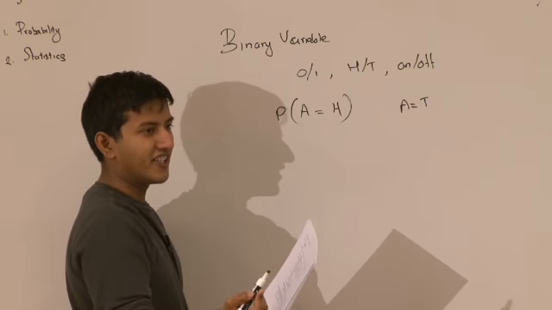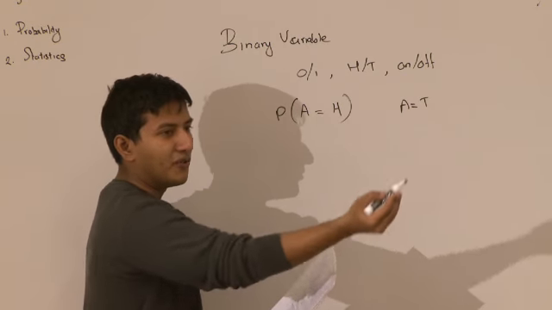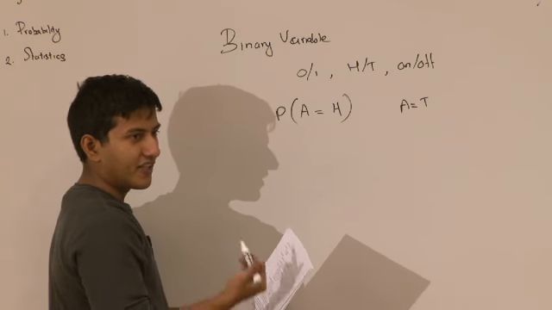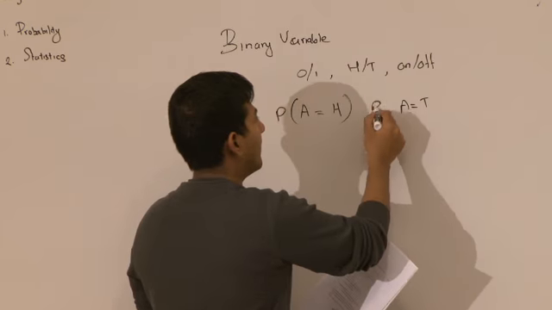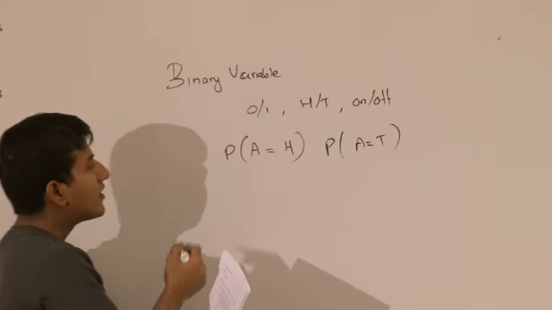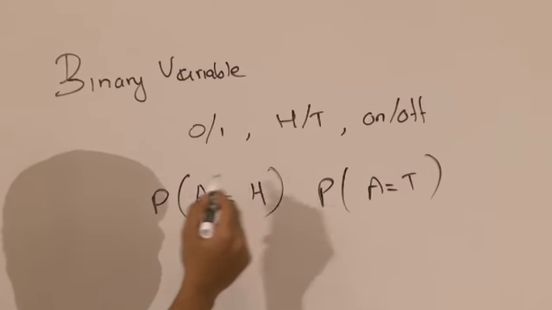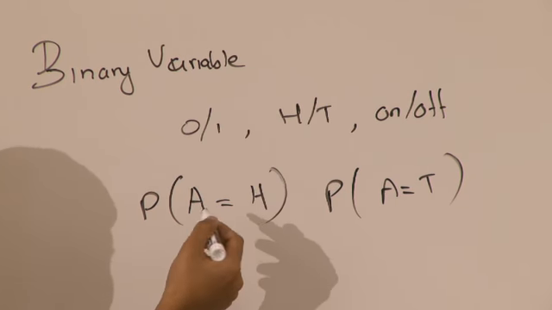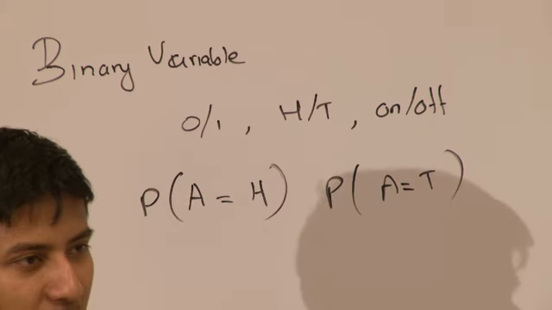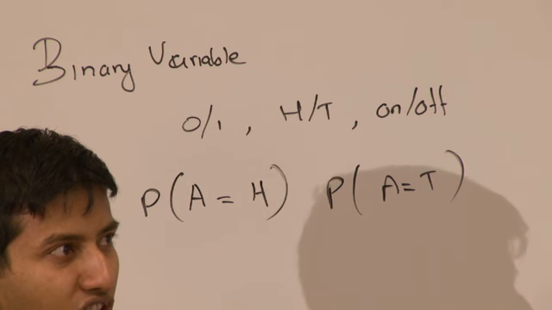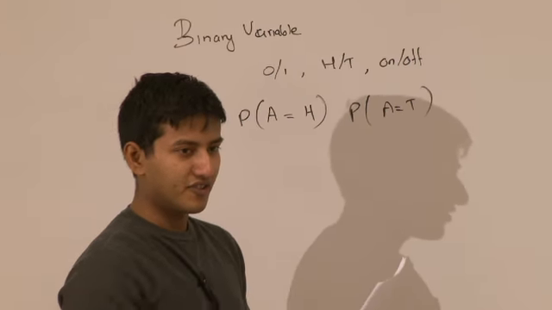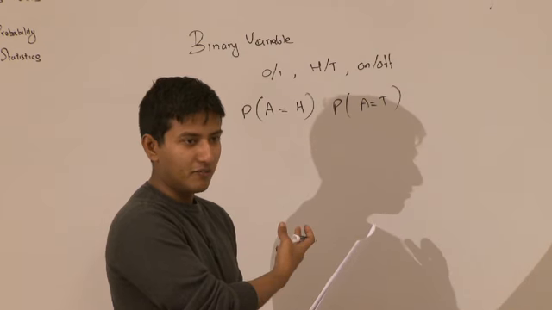That is the probability of A taking value H. Here the value of A can be either H or T, which means it has only two possible outcomes. That's why we call it a binary variable.